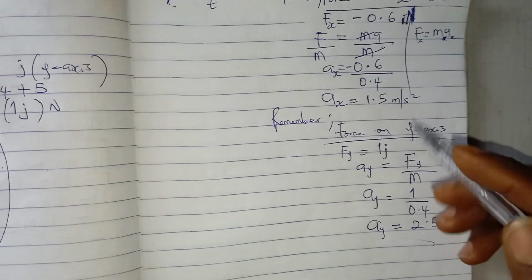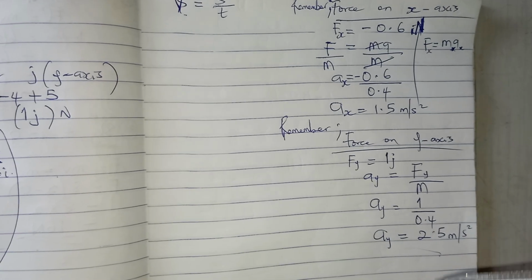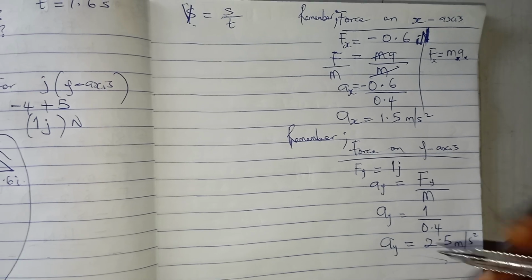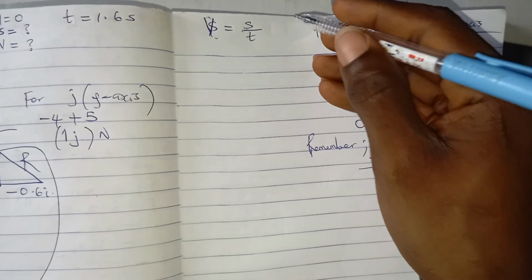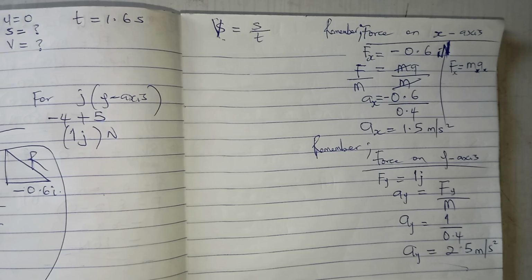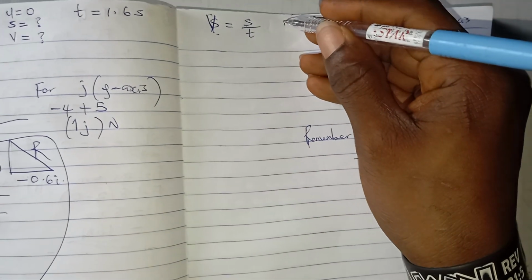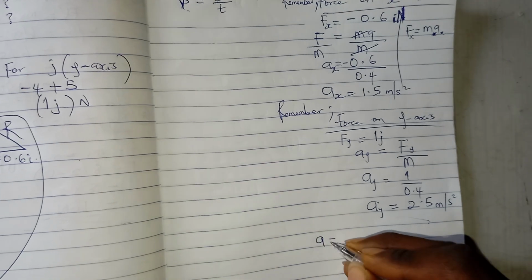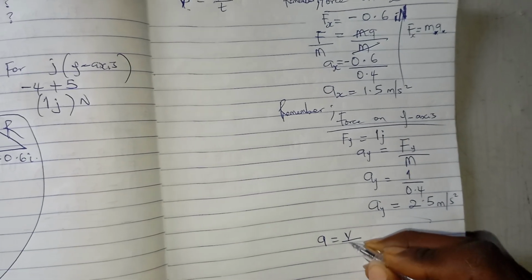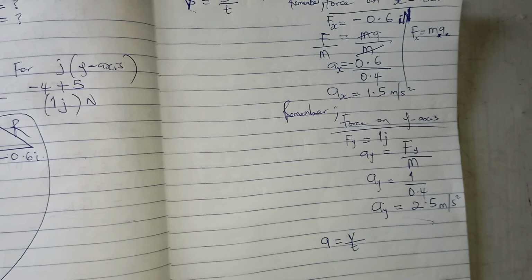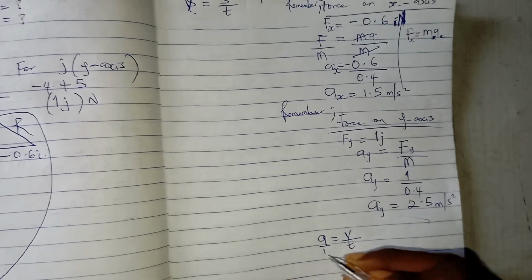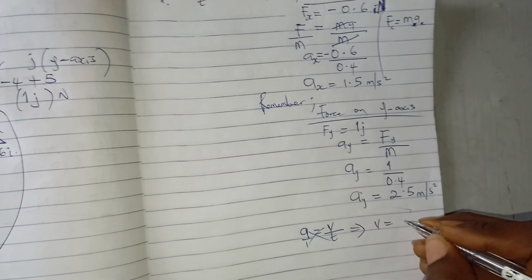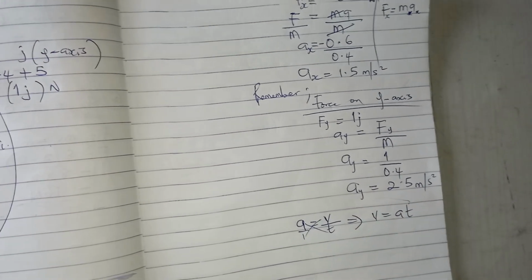Okay, so we've gotten the acceleration on both axes. But remember, they asked us to find velocity. We know that acceleration is equal to velocity over time, which means velocity is the product of acceleration and time.